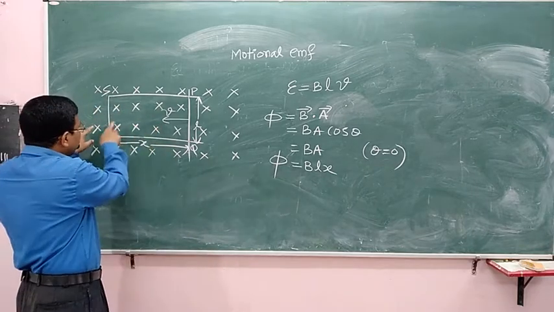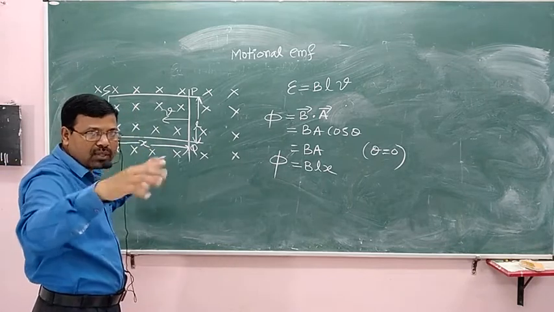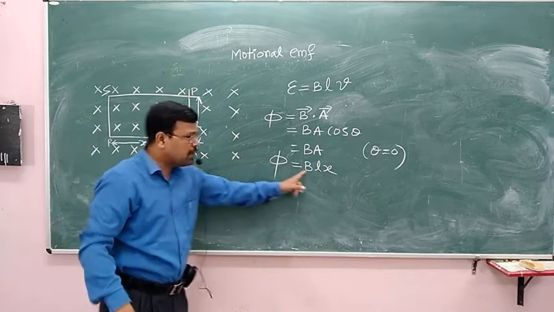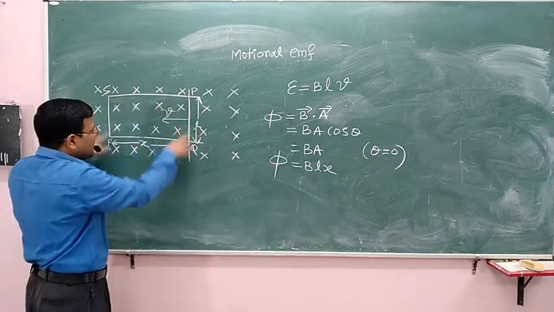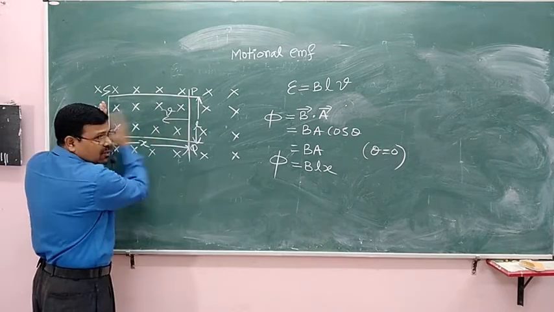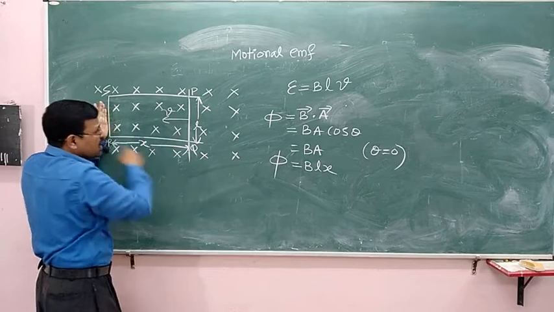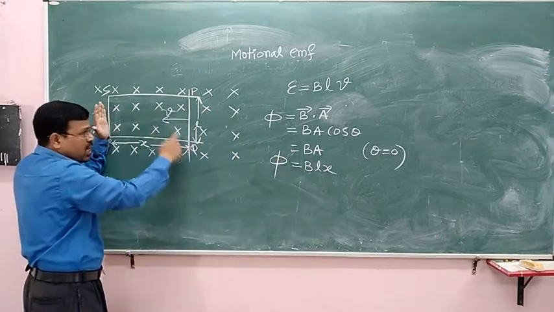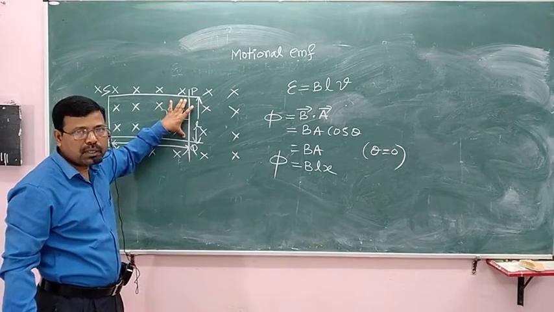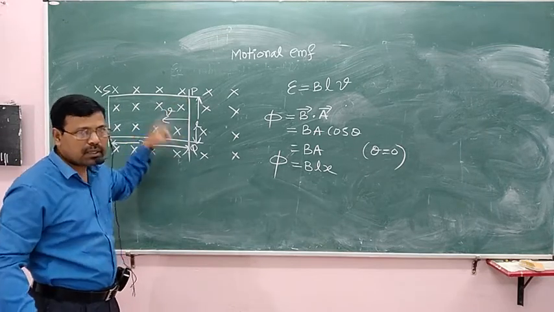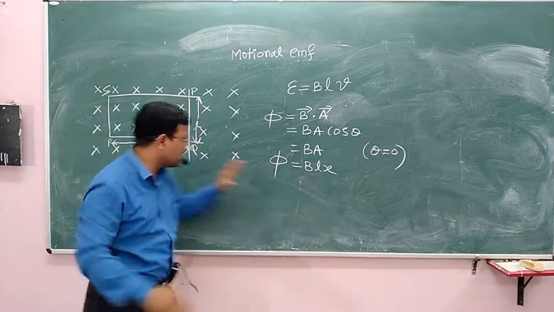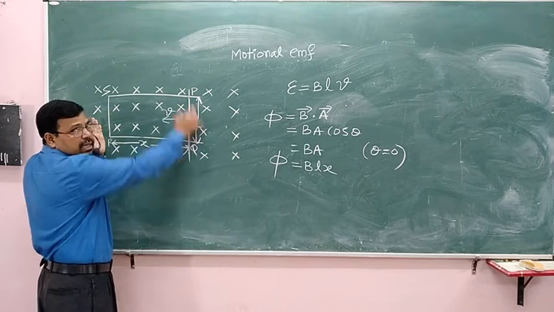What is magnetic flux? The number of lines passing through an element area. Here BLx gives the total flux enclosed by this rectangle.